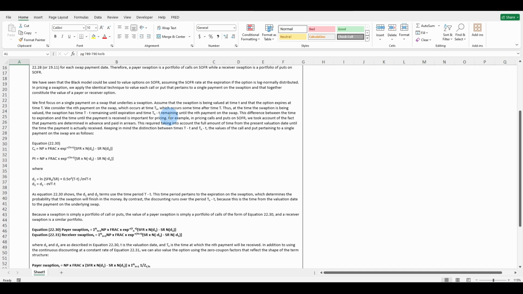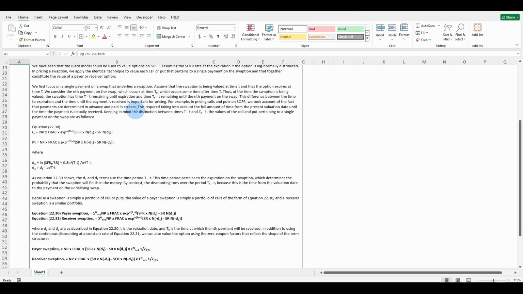The difference between the time to expiration and the time until the payment is received is important for pricing. For example, in pricing calls and puts on SOFR, we took into account the fact that payments are determined in advance and paid in arrears.